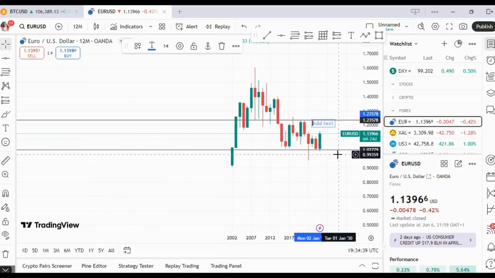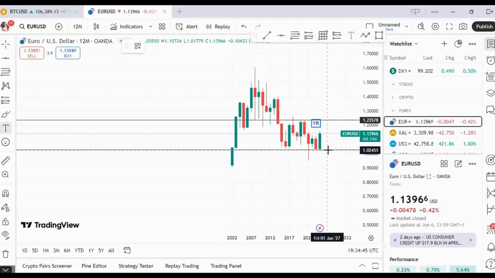You can tag it yearly resistance, and label this one yearly support. Guys, can you see it? You can use any tool you want. It's not a must. Me, sometimes I use different colors.